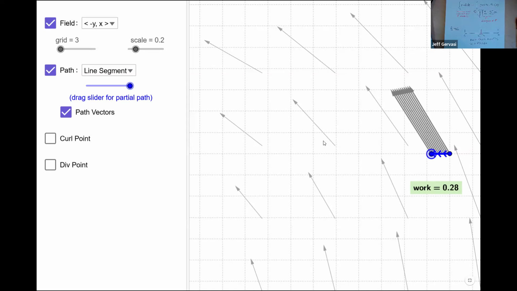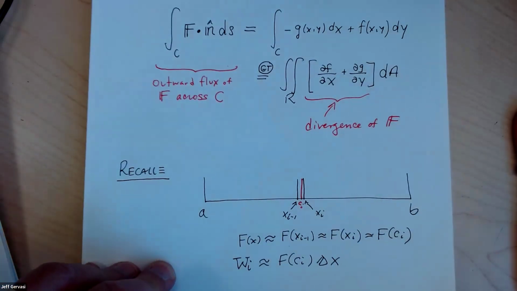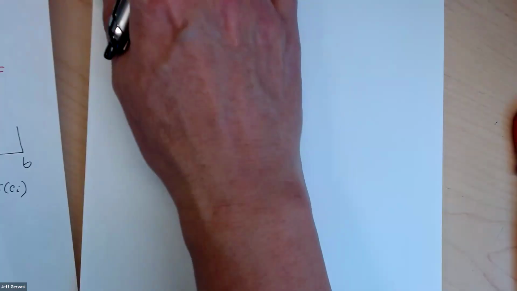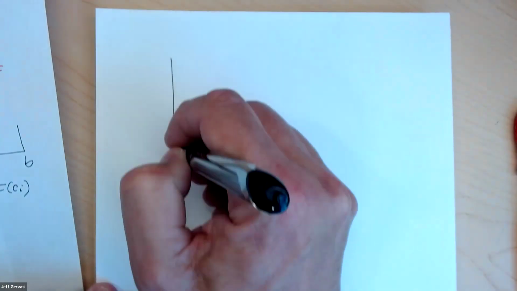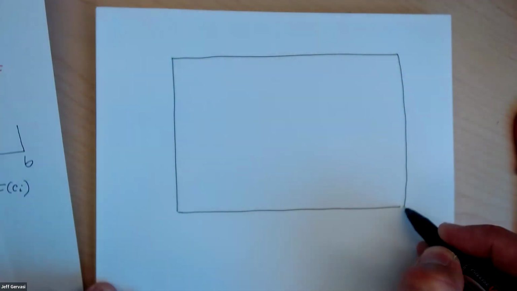Keep that in mind when we take a look at the rectangle that we're going to drop inside of our fluid. Okay, so that's going to look something like this. Let's make another picture. Here's our very tiny rectangle, which is greatly magnified.